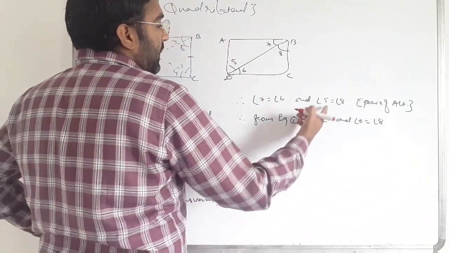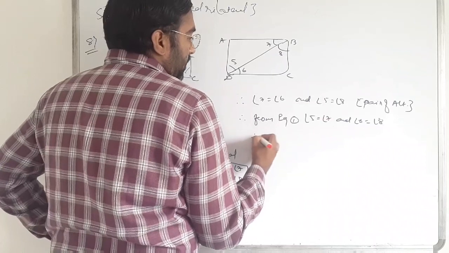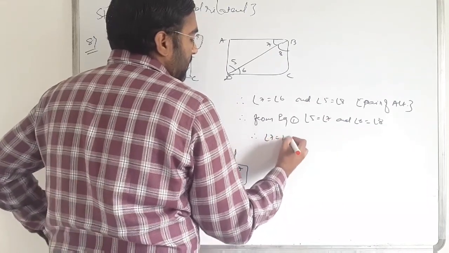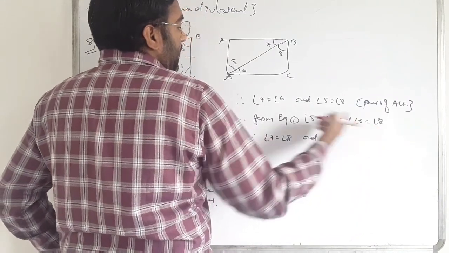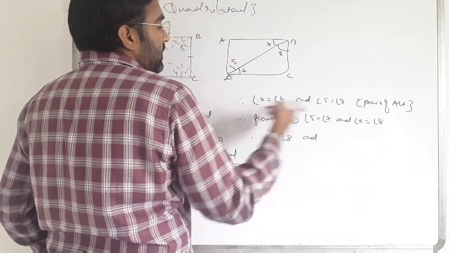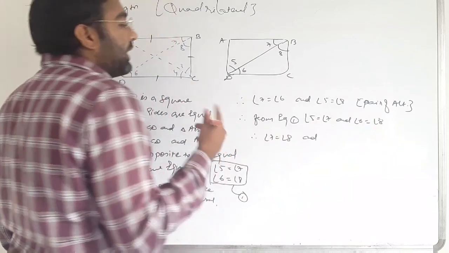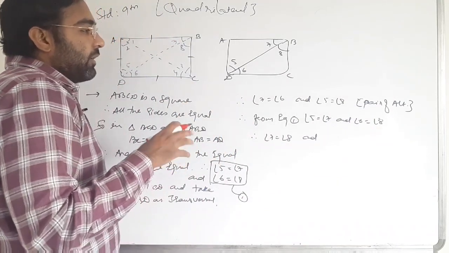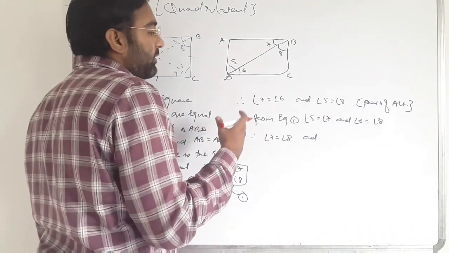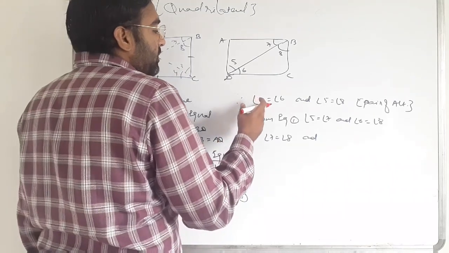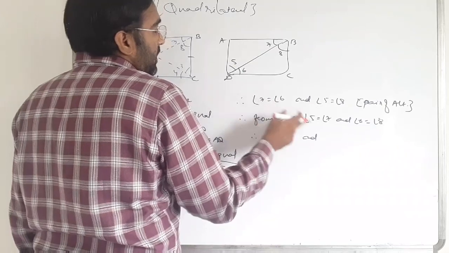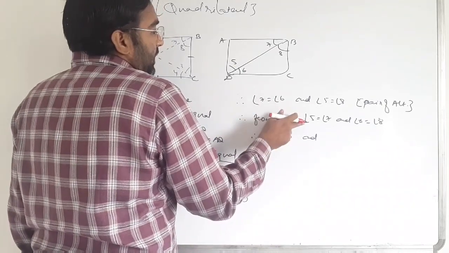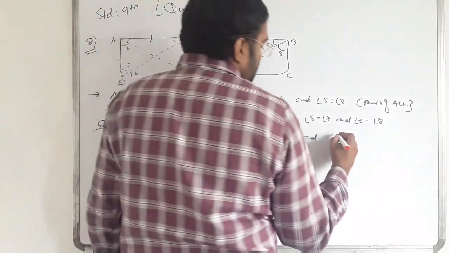So 5 is equal to 7 and 5 is equal to 8. Therefore angle 7 is equal to angle 8, and 6 is equal to 8 and 6 is equal to 7, so we also say that 7 is equal to 8. Now 7 is equal to 6 and 7 is equal to 5, so from this we say that 5 is equal to 6.